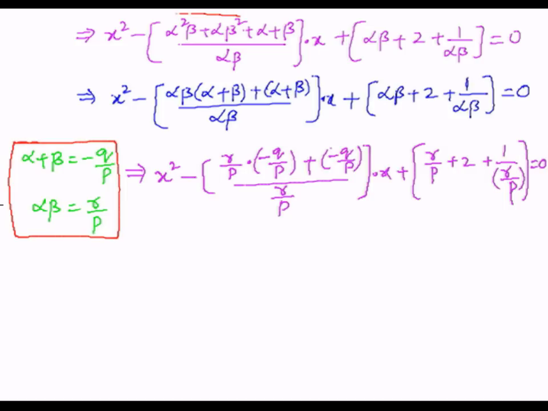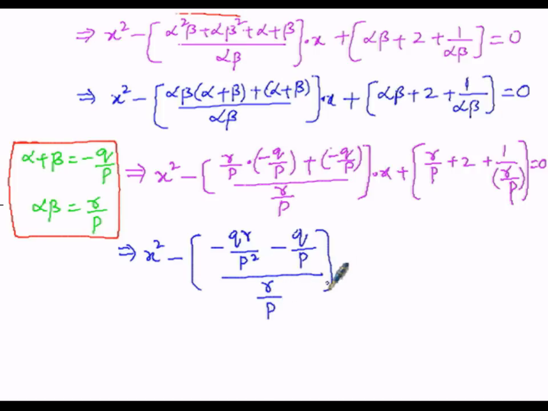That implies x square minus r into q, q into r is qr divided by p into p is nothing but p square. Plus into minus is minus, only just q divided by p, overall divided by r divided by p.